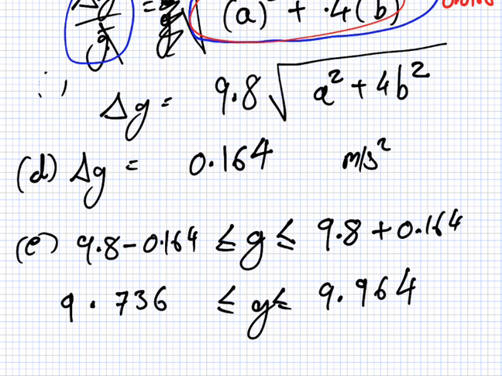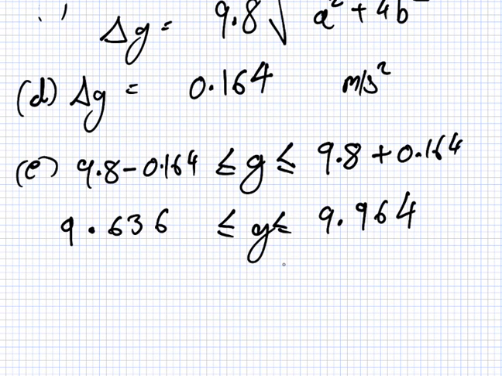Just type it on the calculator. Thank you. Okay, so we think G is between these two numbers. Can we just try to do this plus minus? Yeah, that's okay. I just think it's good to see what it is.